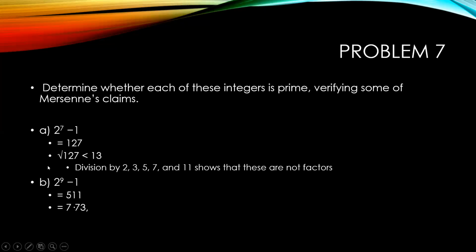We found out that 7 is a factor of 511. Therefore, this is not a Mersenne prime number, since the result is not a prime number when we evaluate the formula.